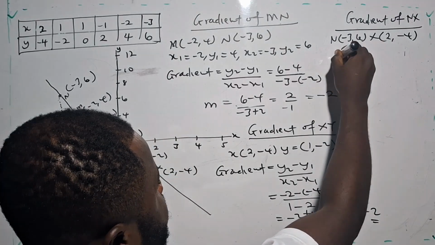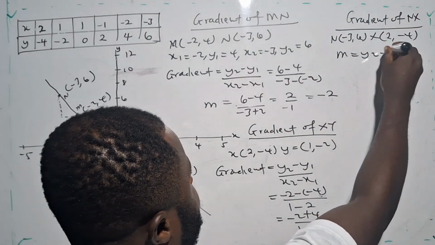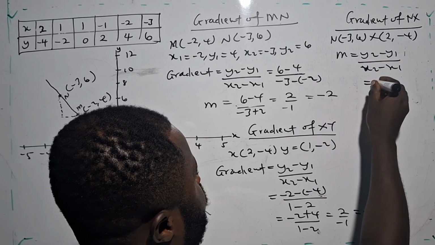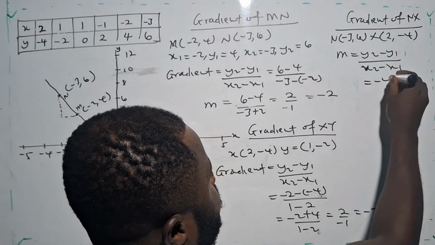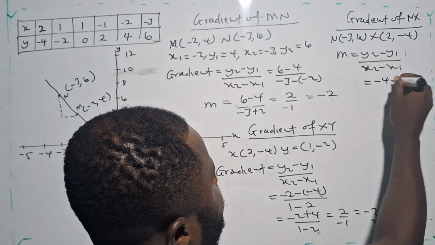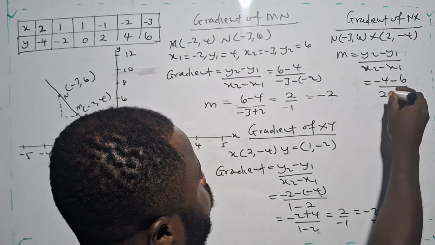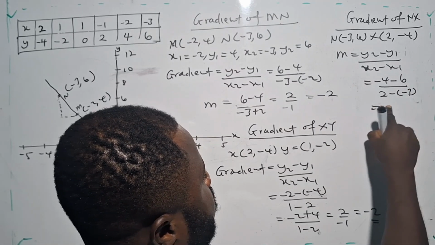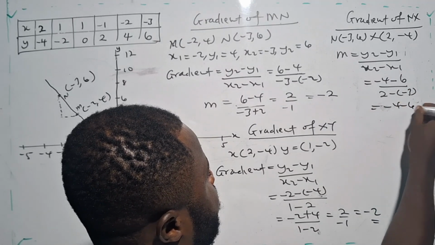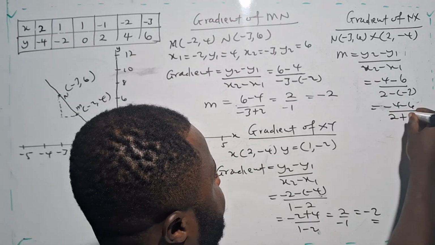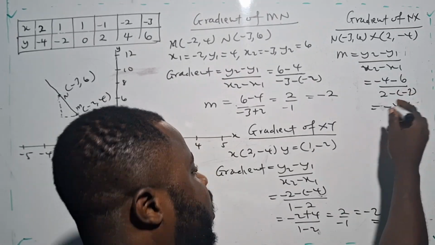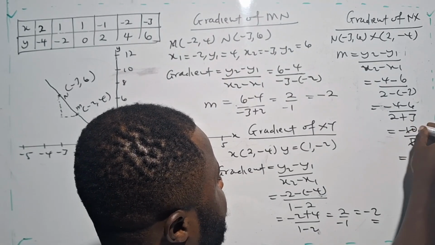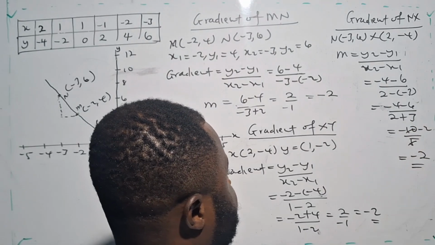So my gradient, which is small m, is y2 minus y1 over x2 minus x1, where y2 is negative 4, minus y1, 6. x2 is 2, x1 is negative 3. So this will give me negative 4 minus 6 here, then 2 plus 3. Negative 4 minus 6 will give me negative 10. Then the down one will give me 5, for which when I divide, I'll get negative 2.